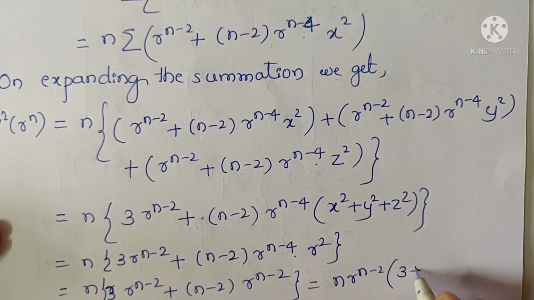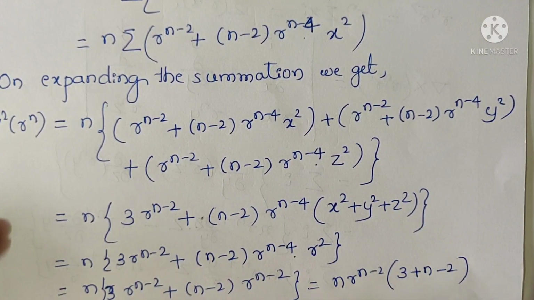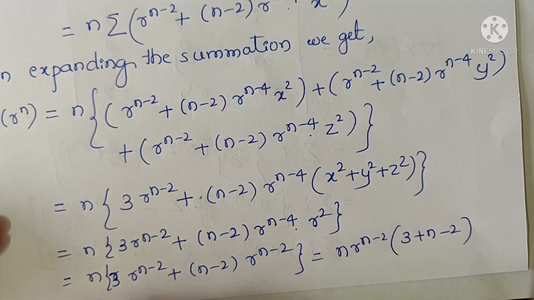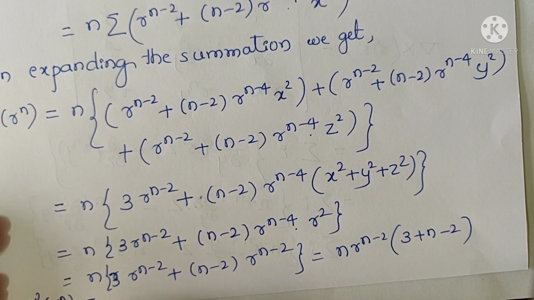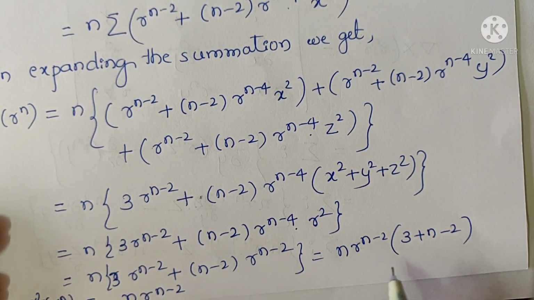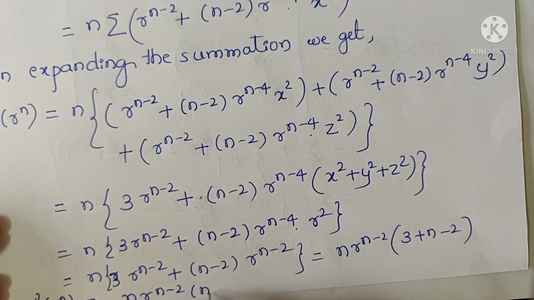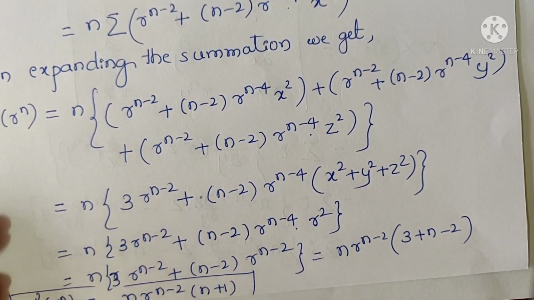So 3 plus n minus 2, that is equal to n plus 1. So del square r raised to n is equal to n into r raised to n minus 2 into n plus 1. This is the answer.